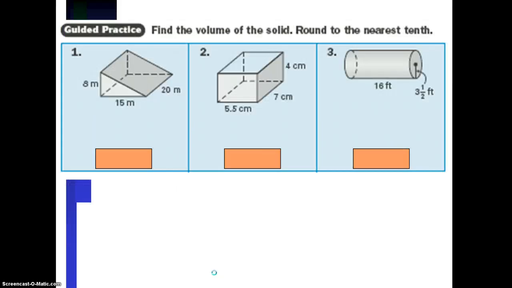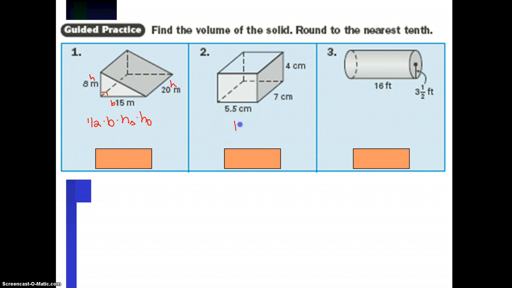Guided practice numbers 1, 2, and 3. Let me help you by giving you what formulas you need. The first one is a triangular prism. It is 1/2 times base times height of a triangle times height of the prism. This is your right angle, so this is the height, this is the base, and what connects the two triangles is the height of the prism, and that's this.